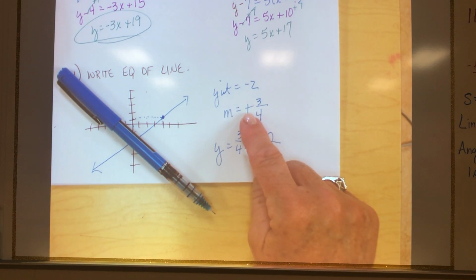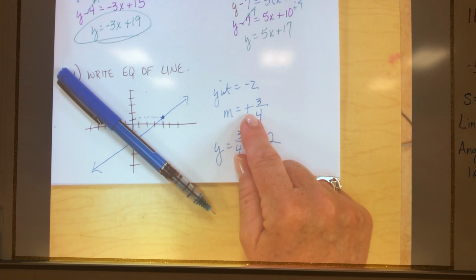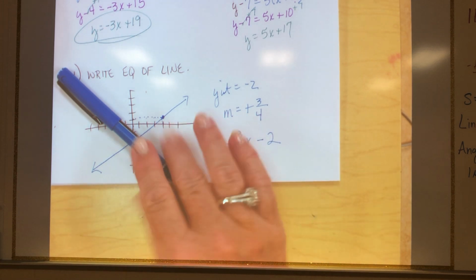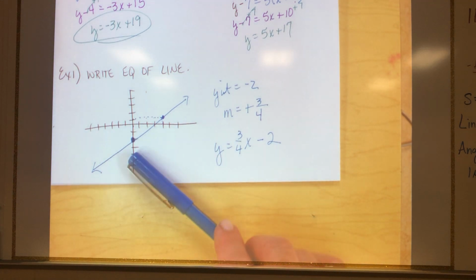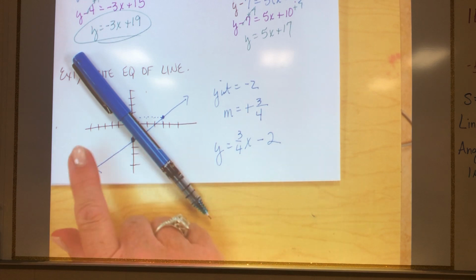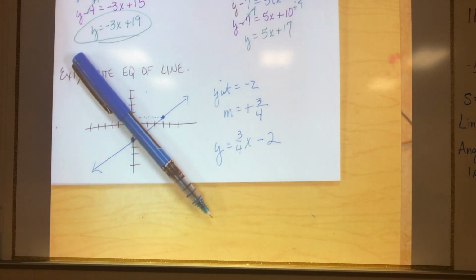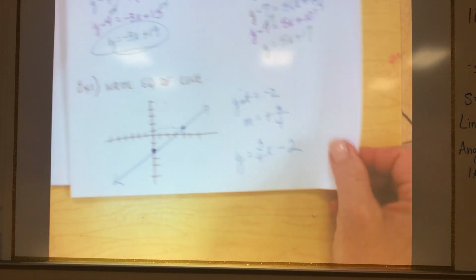Okay? Y'all listen to me. What was the very first thing I asked myself when I said, what kind of slope do I have? That's my positive or negative. Y'all, if your line has a positive slope, it best be going up. If your line has a negative slope, then it should be coming down. We read from left to right. So that's the way I'm reading the line. Anybody got a question?